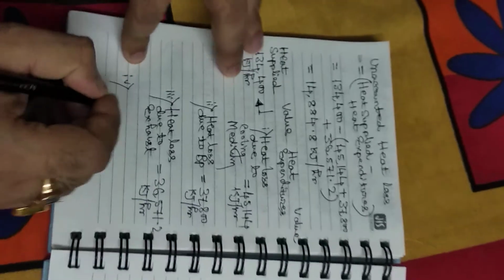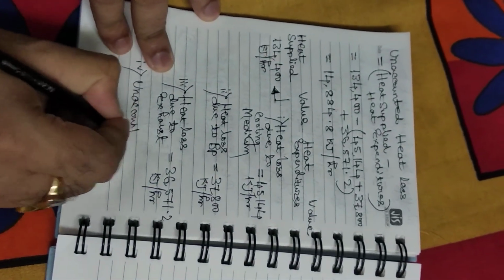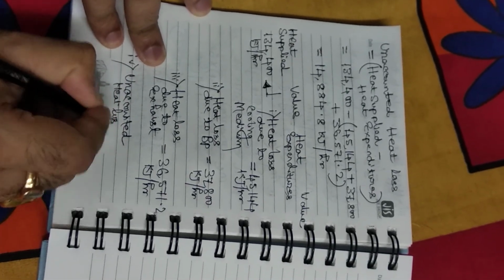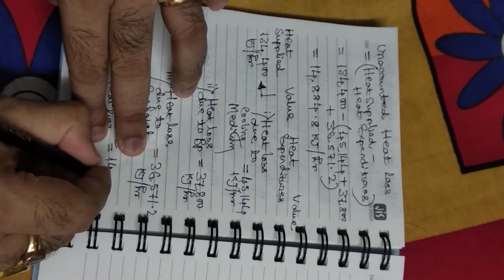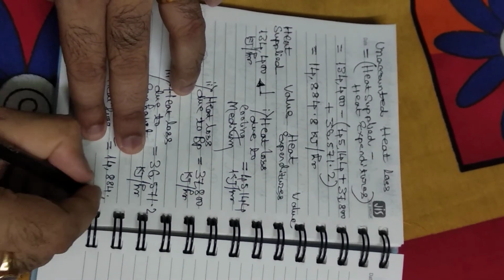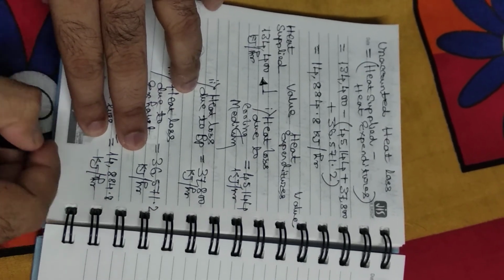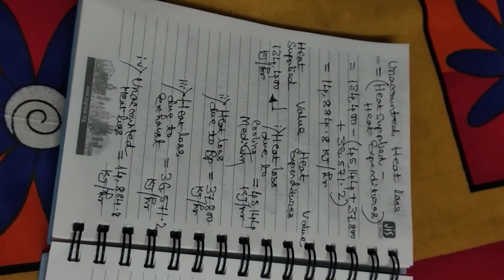And the unaccounted heat loss is 14,884.8 kilojoule per hour. This is the complete table of the heat balance sheet.